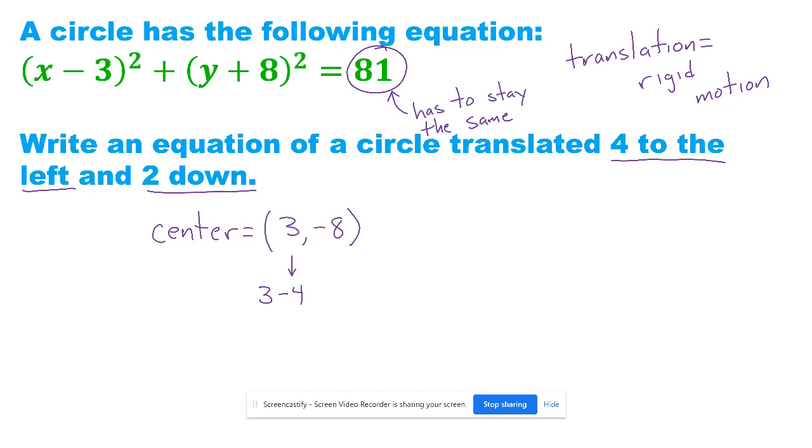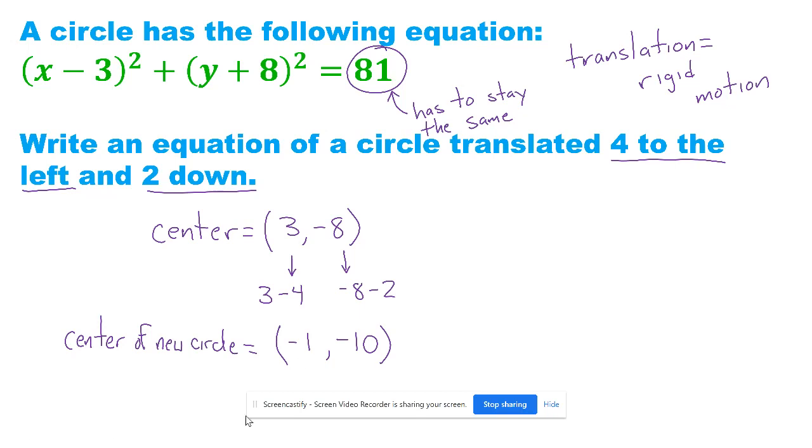Then we go 2 down, so we take our y coordinate, negative 8, and subtract 2. Now when we work that out to get the center of the new circle, 3 minus 4 is negative 1. Negative 8 minus 2 is negative 10. So the center of the new circle is negative 1, negative 10.